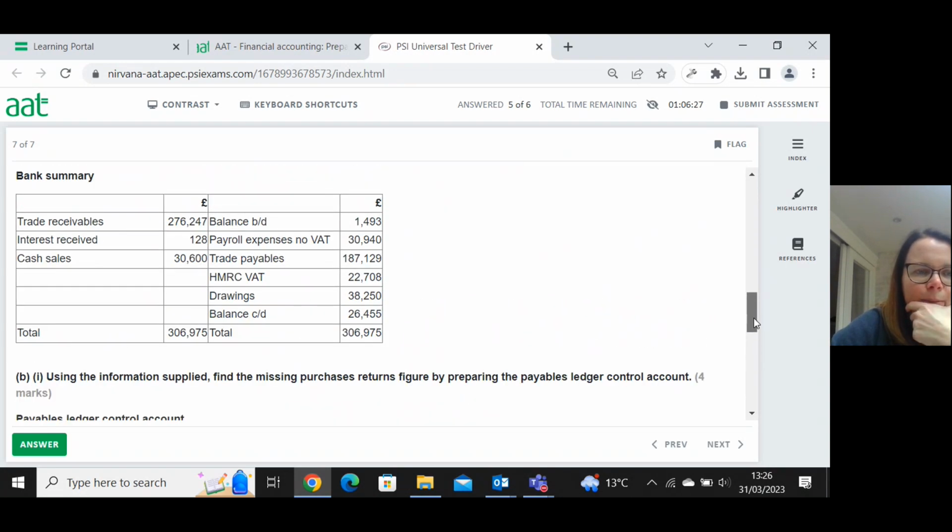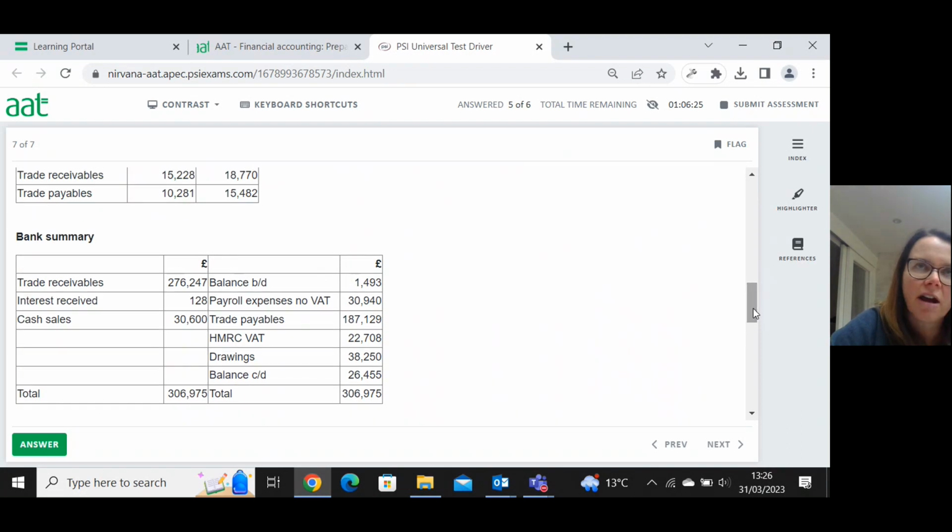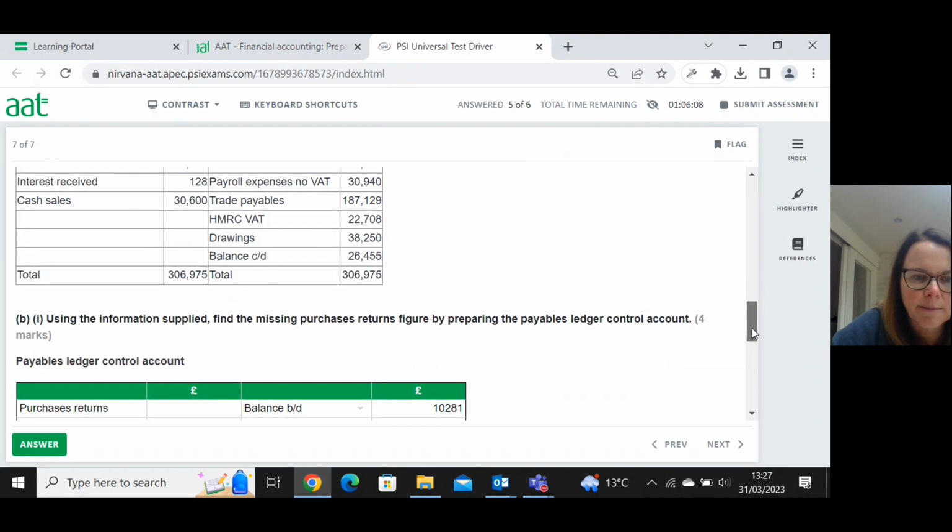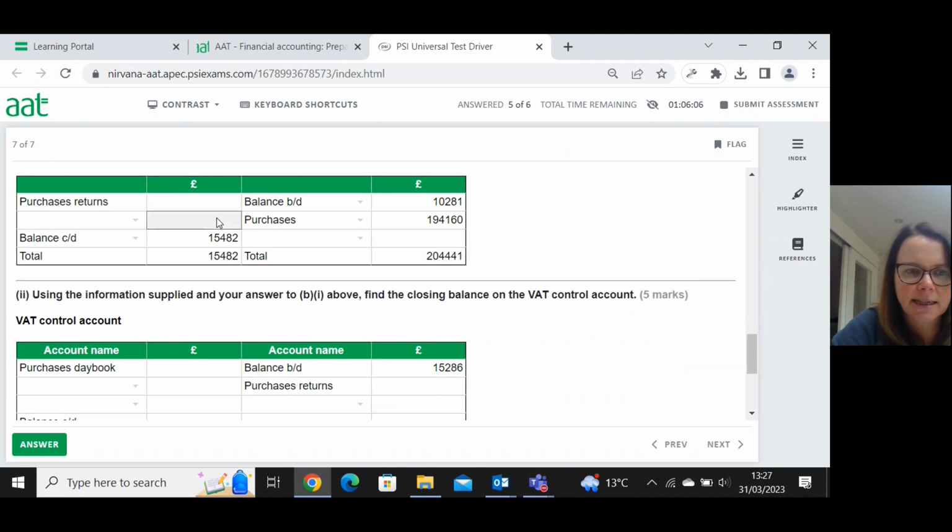Is there anything else I need to put into my PLCA? I've got the purchases, I'm working out purchase returns, any discounts, and the amount that I've paid. So 187,129, credit the bank, debit 187,129.